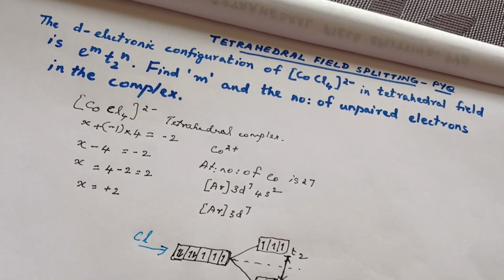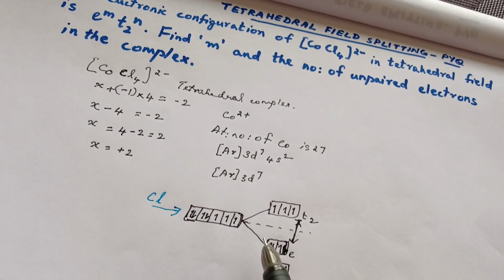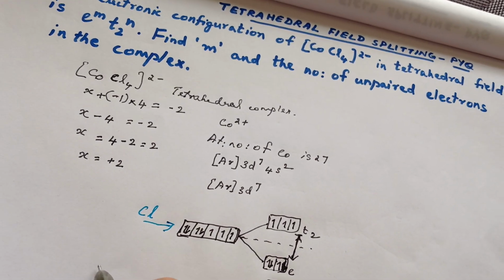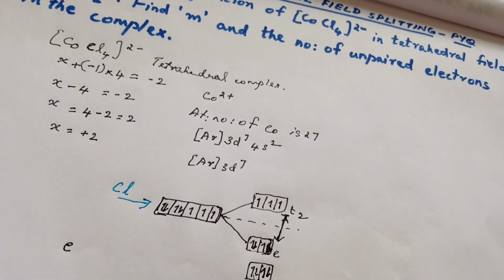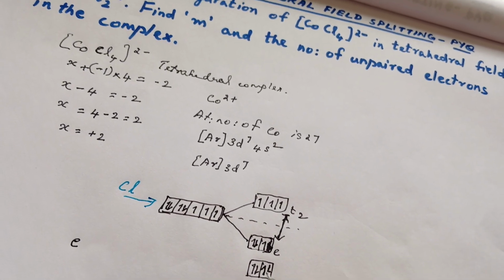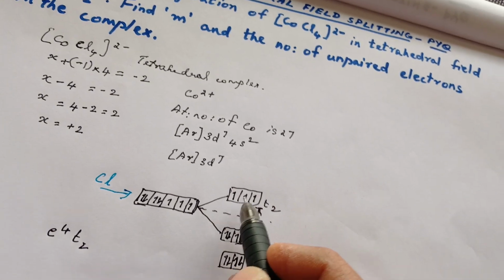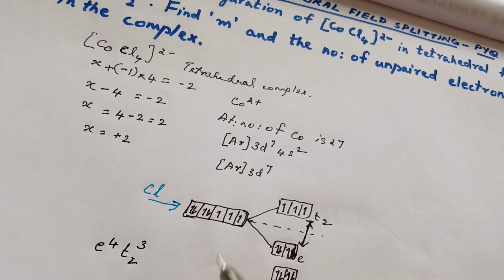If we write the d-electronic configuration after the splitting, we can write it as E. How many electrons in E? 1, 2, 3, 4. E4, T2, 1, 2, 3, 3 electrons.